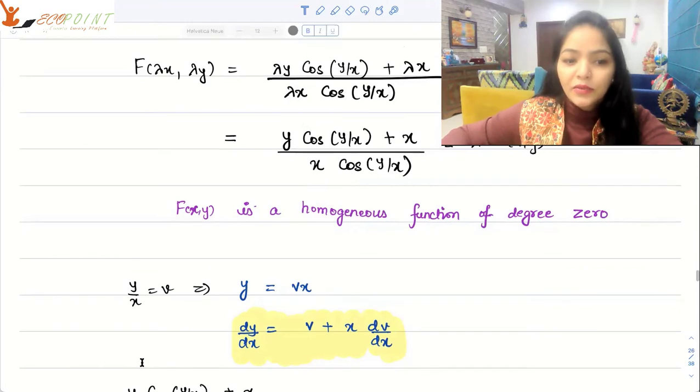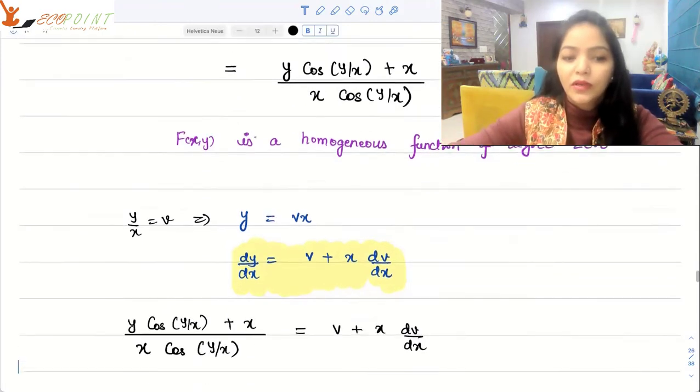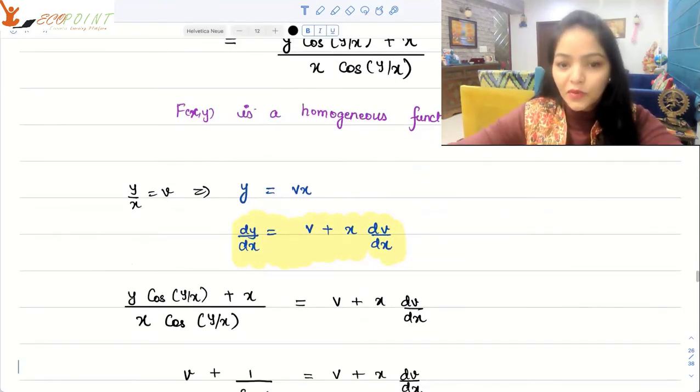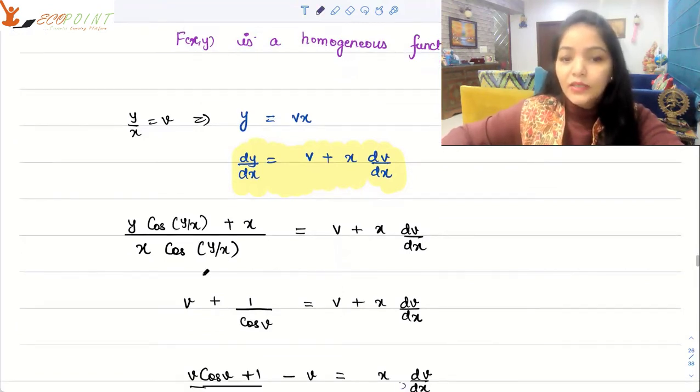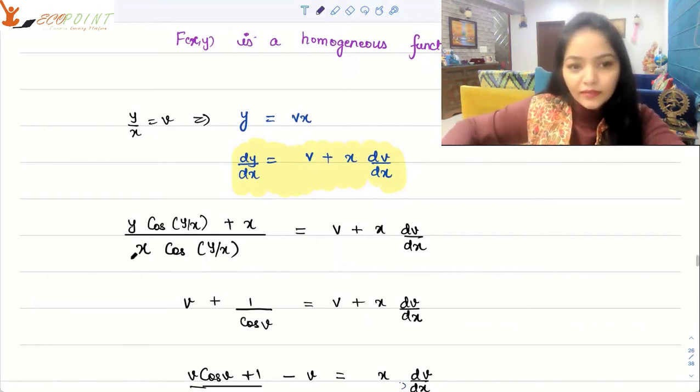After doing that, we will convert everything in terms of v and dv/dx, so x and v. So we have v plus 1 upon cos v is equal to v plus x dv/dx. If you notice, it's y/x, so this is v.